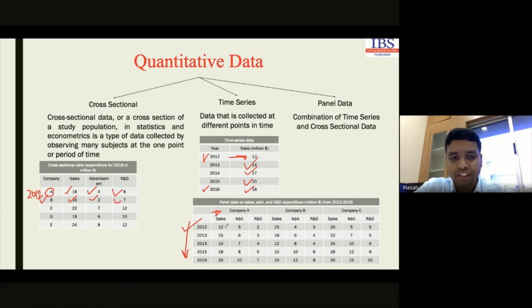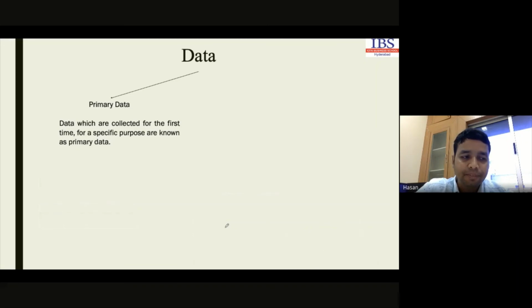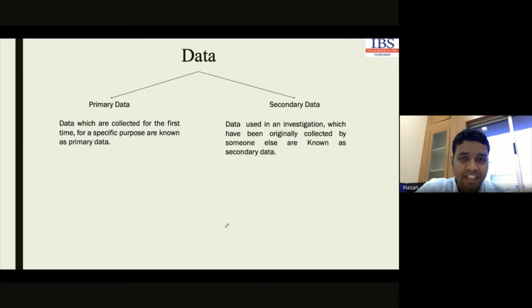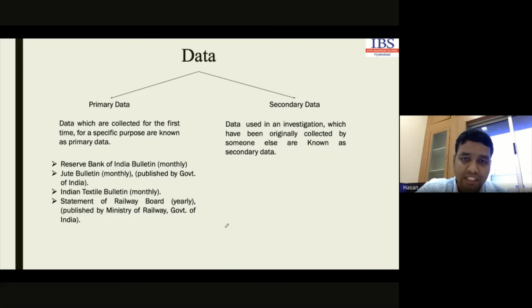We have another classification, and we will end today after this one. This one is primary data. Whatever data we have discussed till now may be primary or secondary. Primary data is whatever data the observer collects directly. It may be collected through direct experimentation, direct interview, or direct survey.